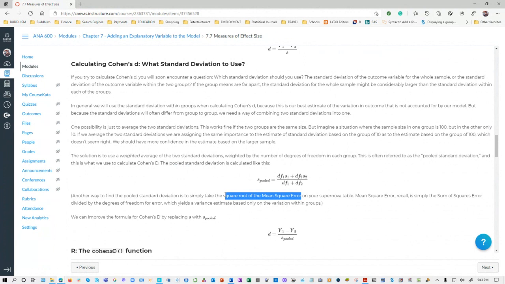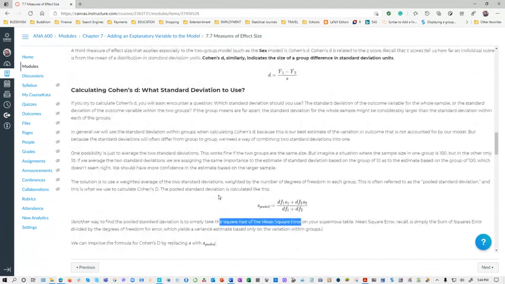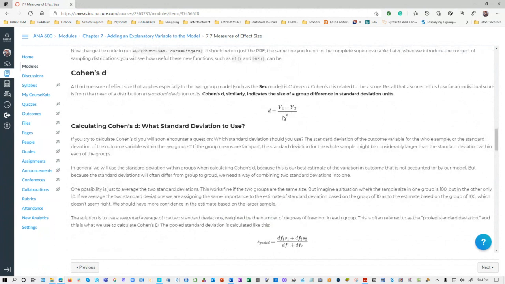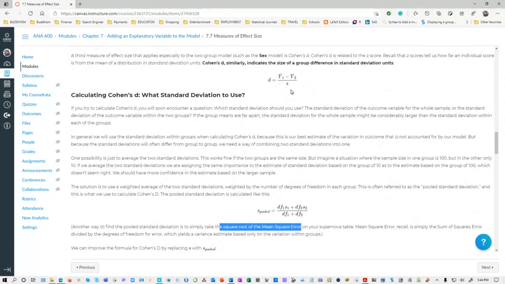Look at this one. Look at this S. See? Standard deviation. They say the standard deviation, this one. Whose standard deviation can this be? Look at here. If you try to calculate Cohen's D, you will soon encounter a question: which standard deviation should you use?